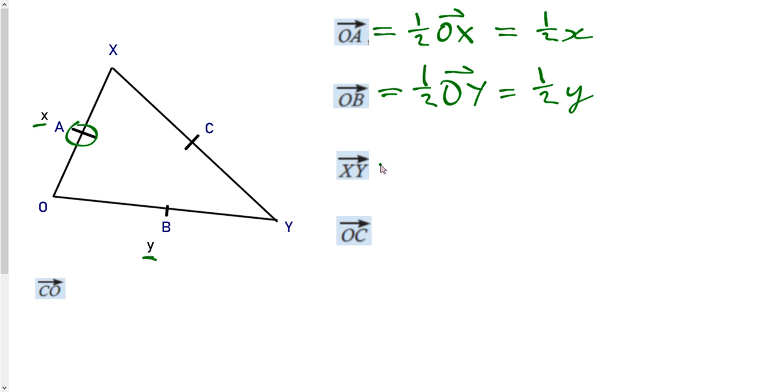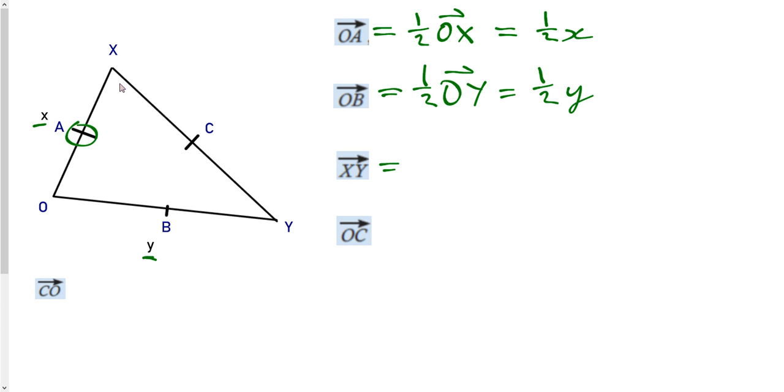Okay. Next one, XY. Oh, this one's a little bit more tricky. So I've got this vector here, and I want to write that in terms of lowercase x and lowercase y. So XY, what is XY? Well, it means that I want to go from this point here to this point here. Now, to do so, I'm going to have to go back down to O, okay?